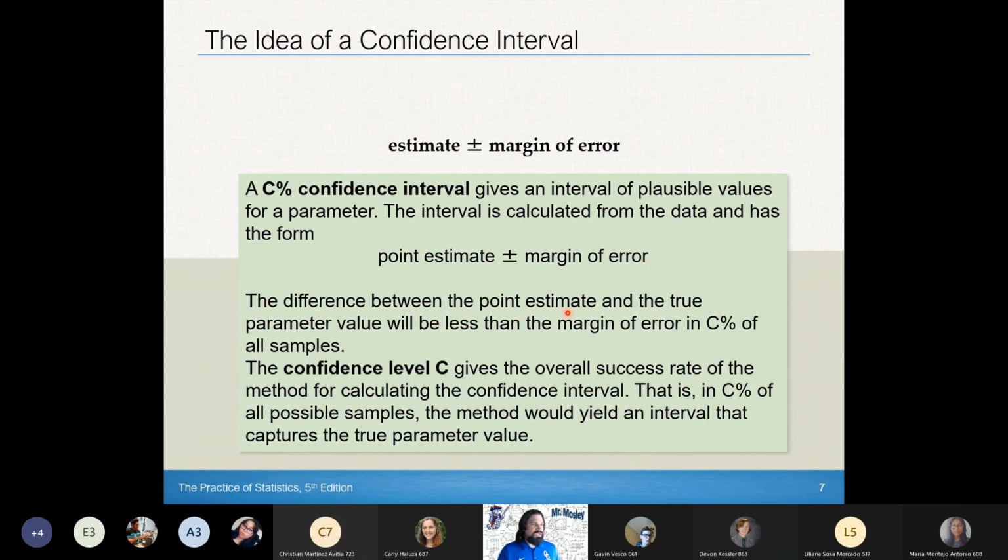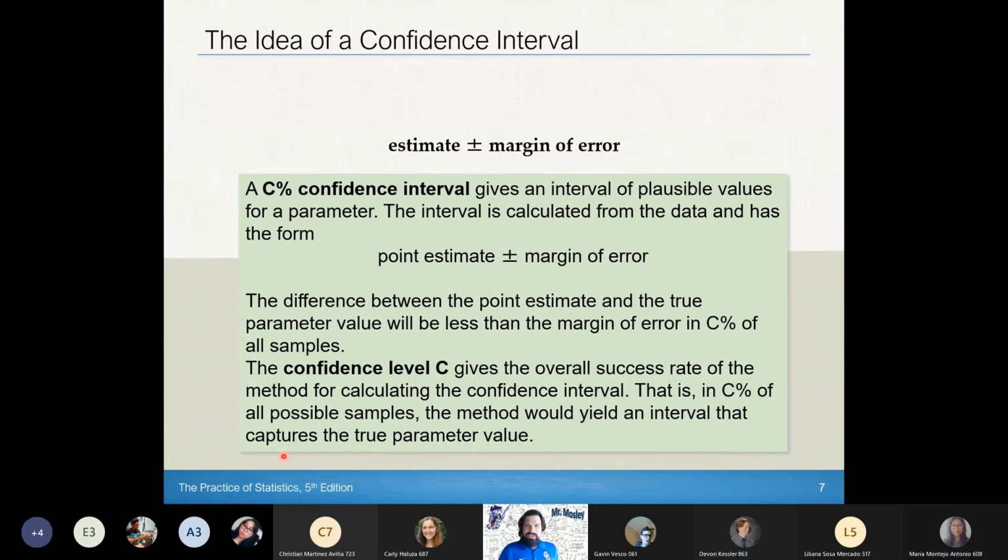The difference between the point estimate and the true parameter value will be less than the margin of error in C% of all the samples. The confidence level C gives the overall success rate of the method for calculating the confidence interval. That is, in C% of all possible samples, the method would yield an interval that captures the true parameter value.